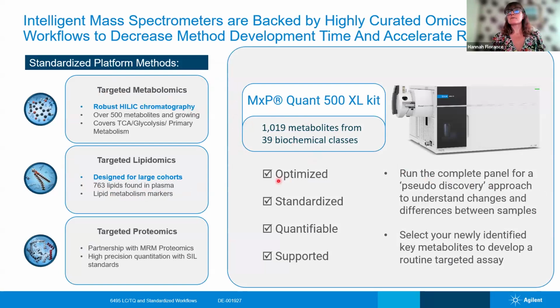It's fully optimized, standardized, quantifiable, and of course, fully supported by biocrates. So run your complete panel for a pseudo-discovery approach, understand the changes and differences happening between your samples, and then select your newly identified key metabolites to develop a routine targeted assay.